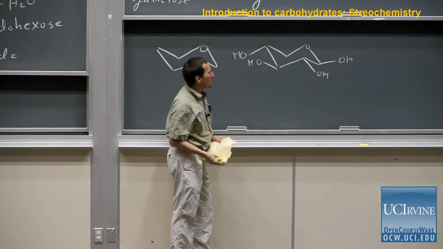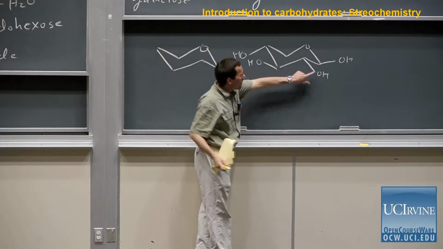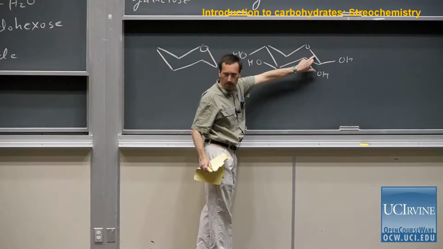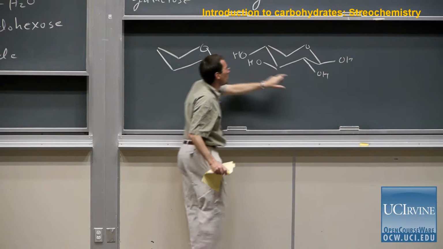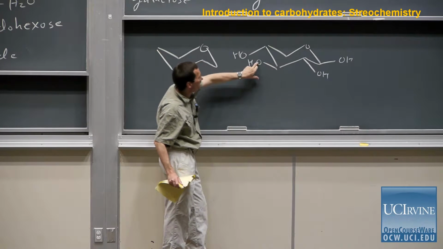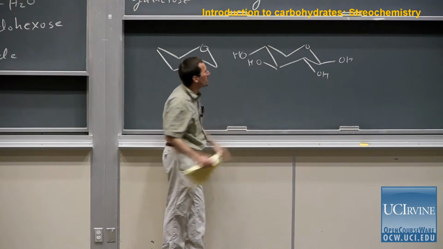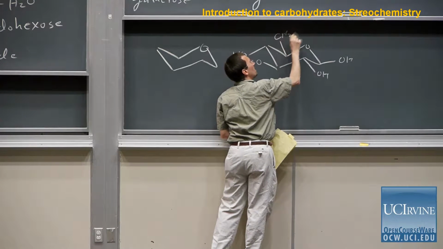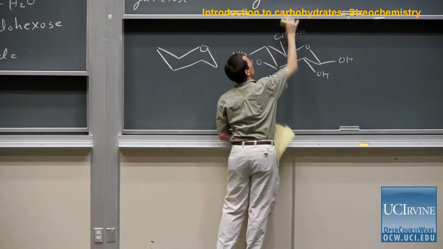Basically, the theory is you're going to be making parallel lines. So the equatorial bond for this OH group is parallel to the CO bond for this one. The equatorial bond to this OH group is parallel to this one. As I said, I'm not much of an artist, but I can get my ideas across competently.